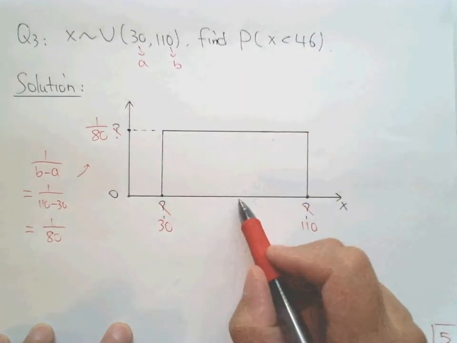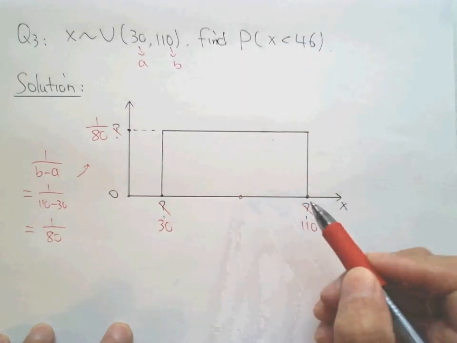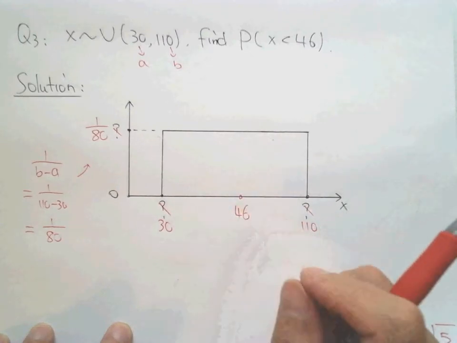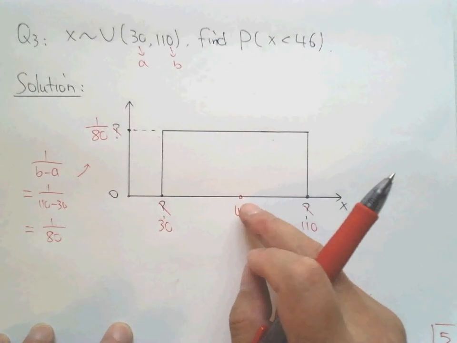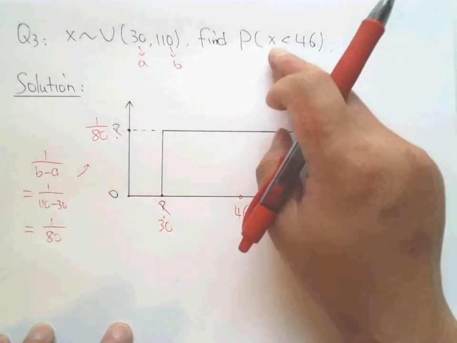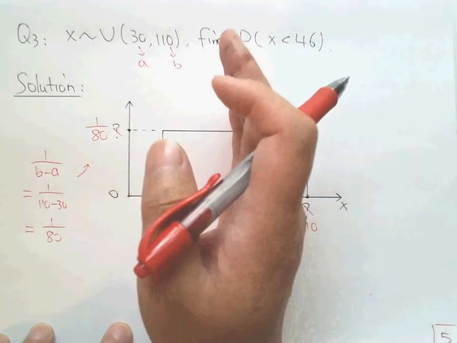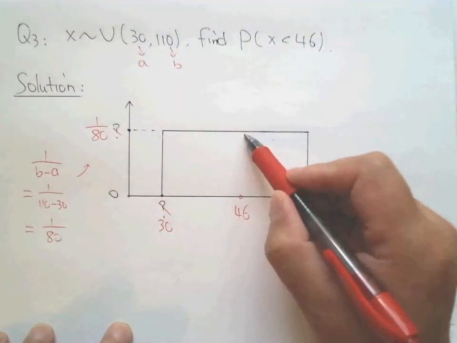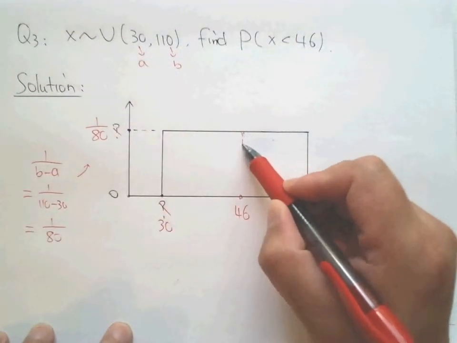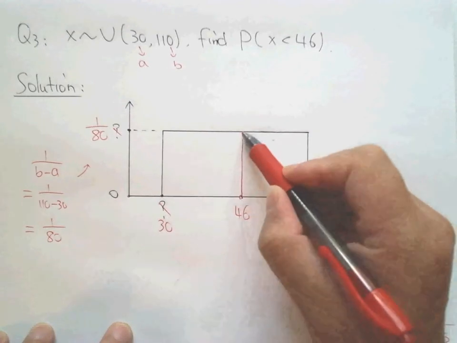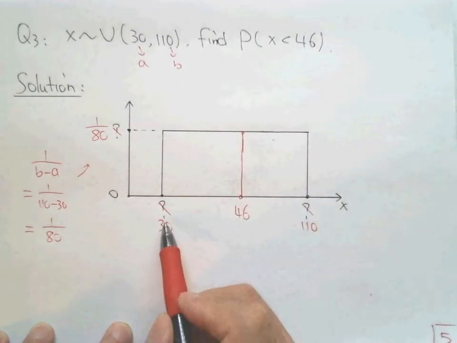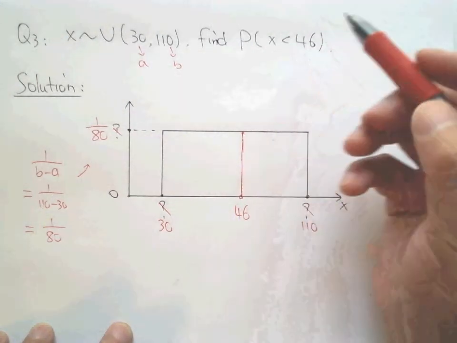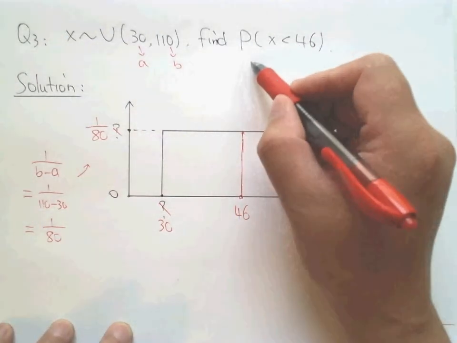The second step is different. There's no interval, it just says x less than 46. First, let me pick a point. It's not to scale, I just randomly pick it. If I say 46 is here, the question is x less than 46, which means to the left of this. Keep in mind, where do you stop to the left? To the left, you have to stop at 30.